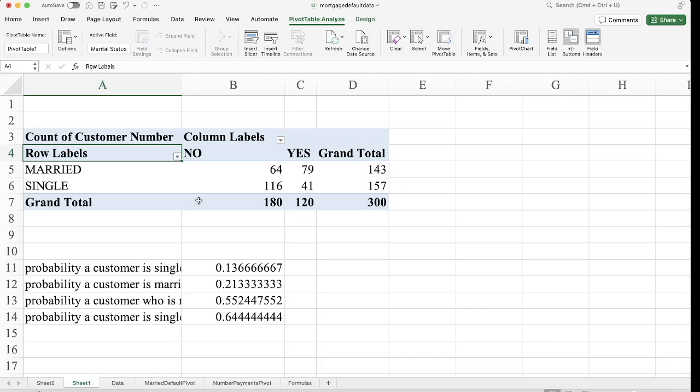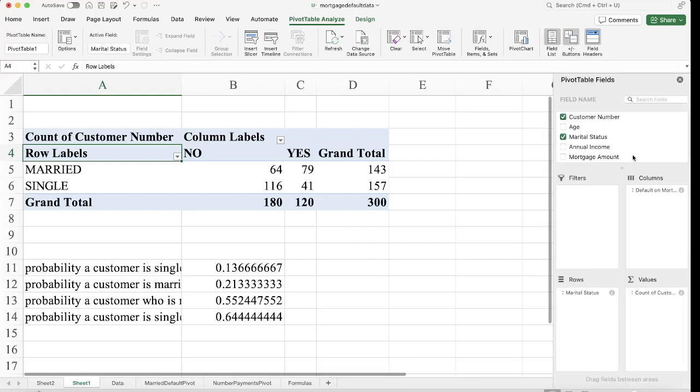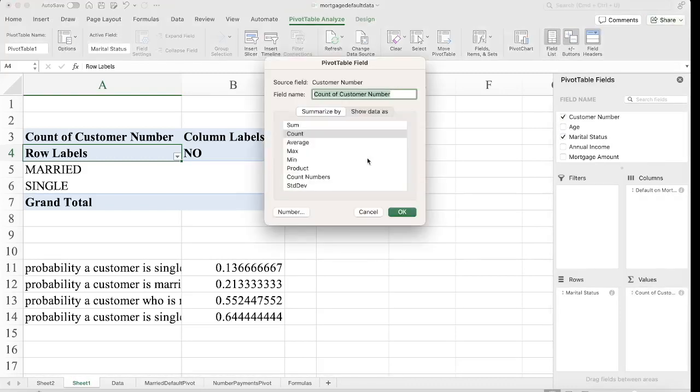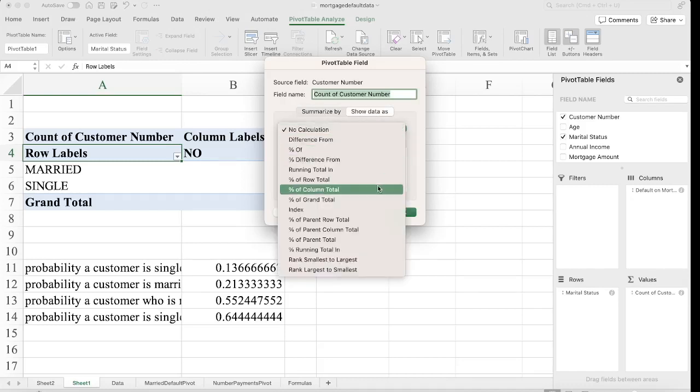If I'm looking at my pivot table, I might also want to see my overall probabilities as part of the table. So if I go up to Pivot Table Analyze, and then over here, I can click on Field List to make things show up again. Then if I go over to the right, right now I'm looking at count of customer number, which is what I want, but I might want to show these as a percentage. So I'm going to look at percentage of grand total.